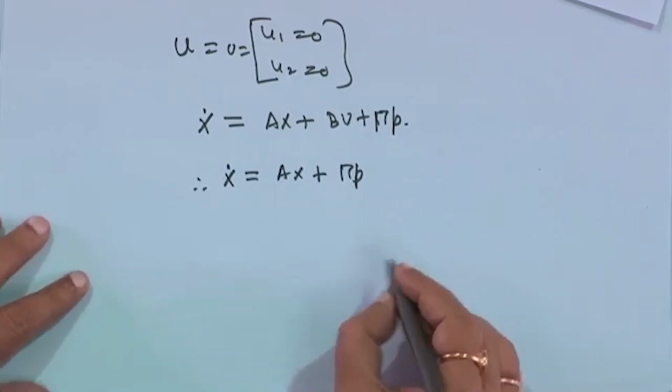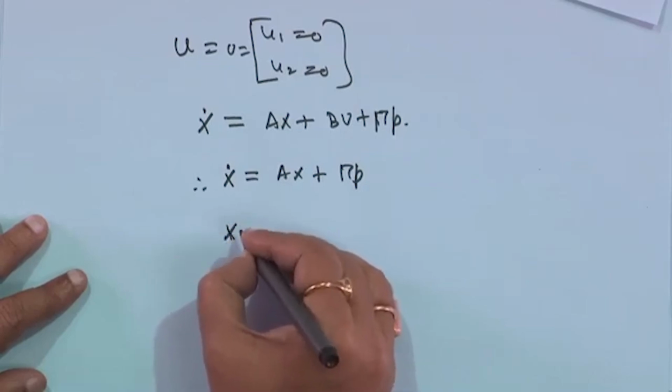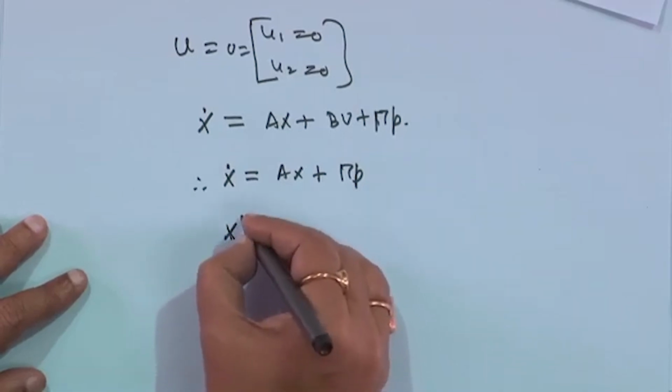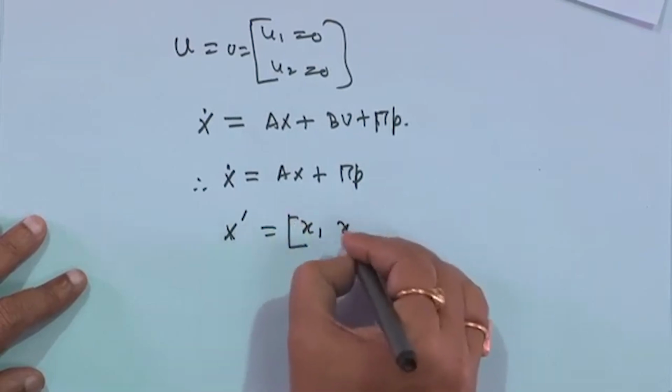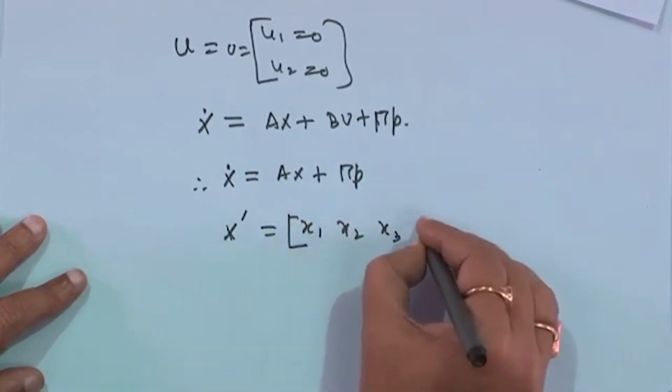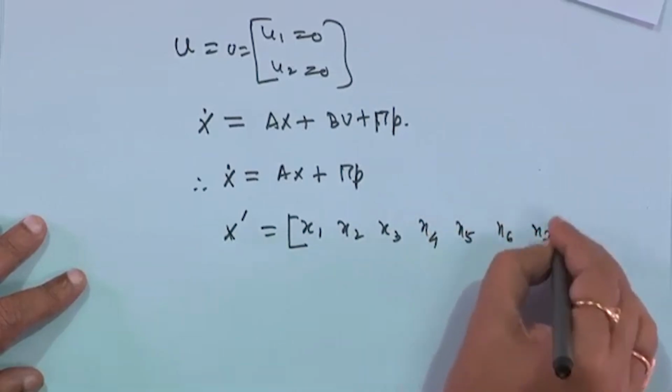Now, at steady state, suppose my x is written as a transpose, x transpose, with x1, x2, x3, x4, x5, x6 and x7.